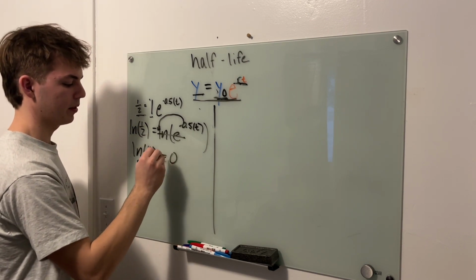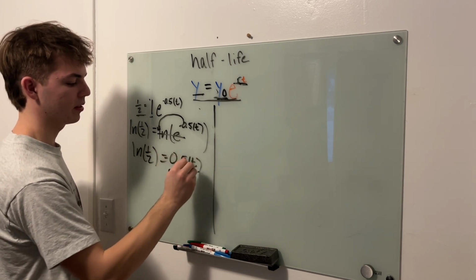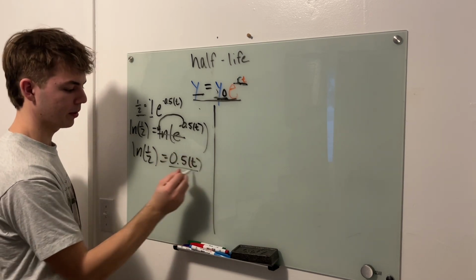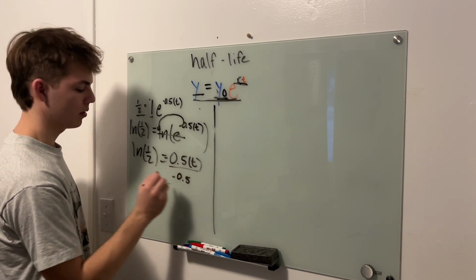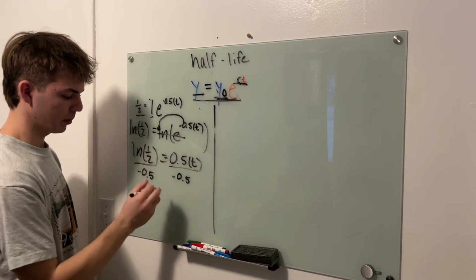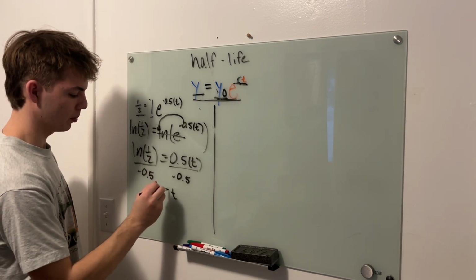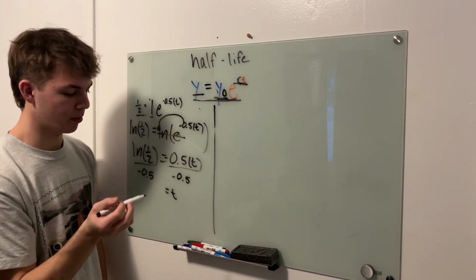We have negative 0.5 times t. Now we want to get t by itself, so we're going to divide by negative 0.5 on both sides. And then we're left with t equals natural log of 1/2 divided by negative 0.5.